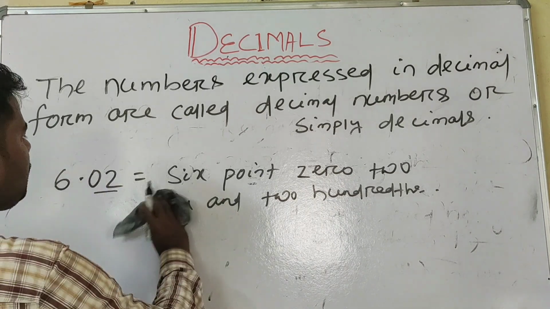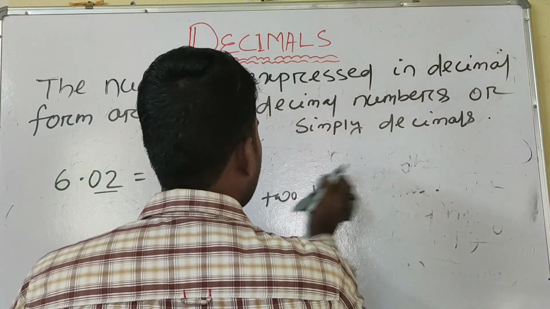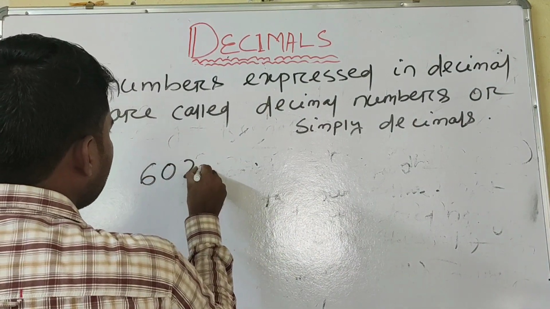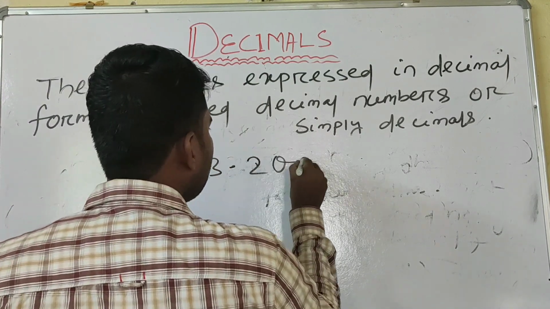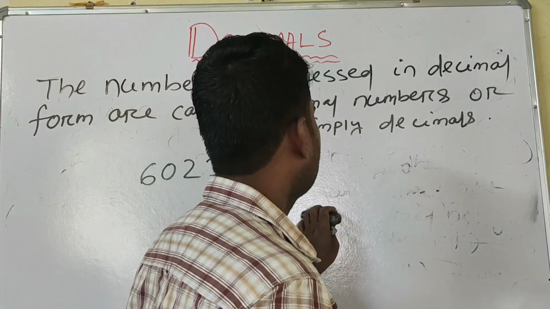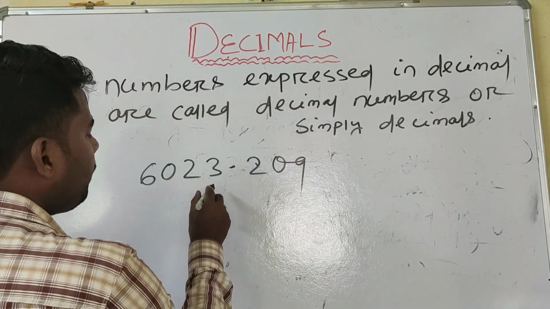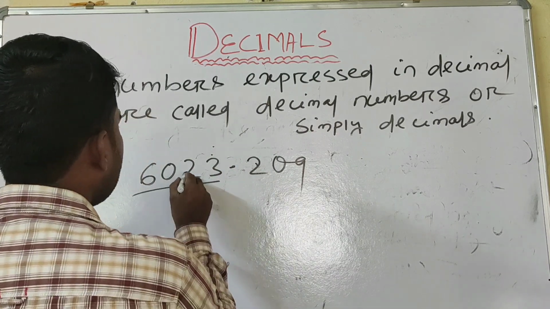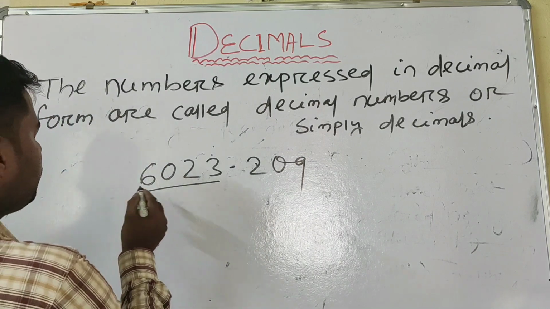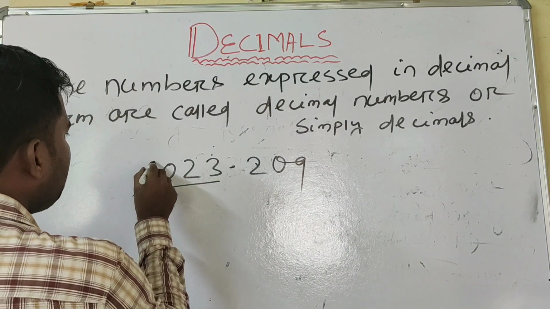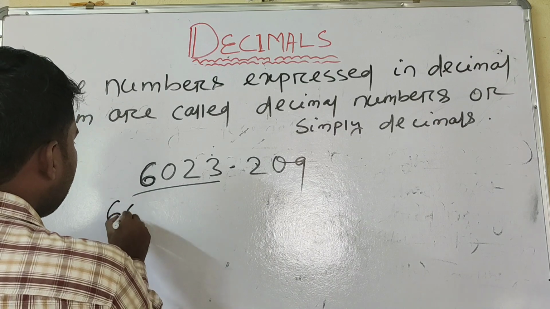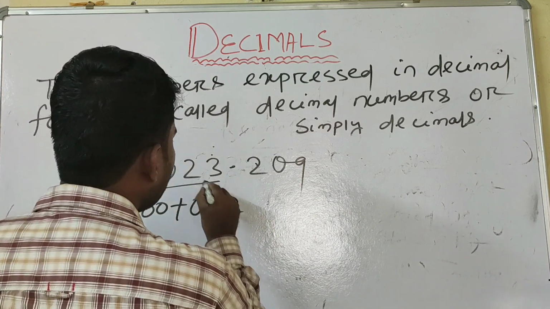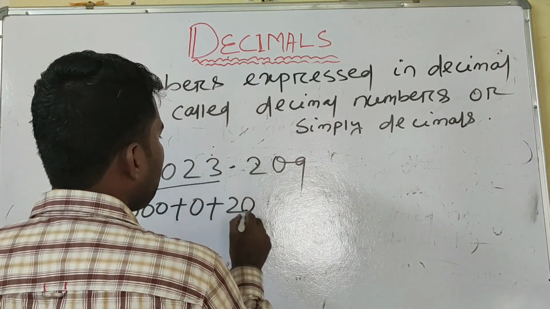Now we will learn about place value. Suppose 6023.209. We have known about the whole number part. Starting from the left: this is in the 1000 place, so 6000; this is the 100 place; this is the 10 place, so 20; and this is the unit place, 3.